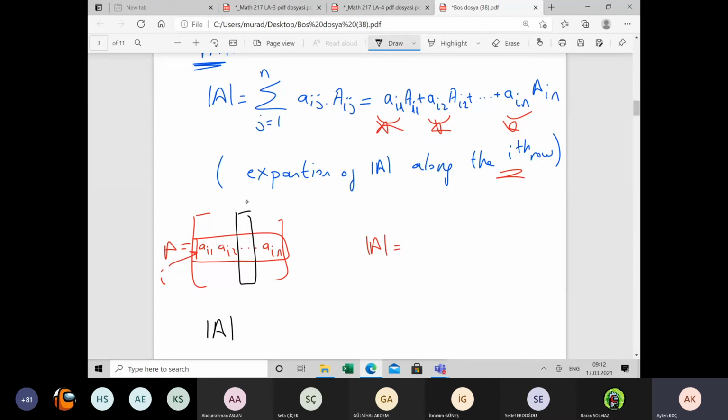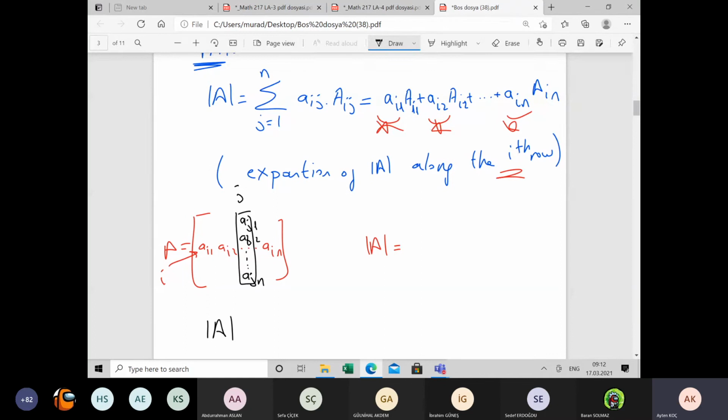So the first entry A sub J1, the second entry of this column J2, and the last one A Jn.